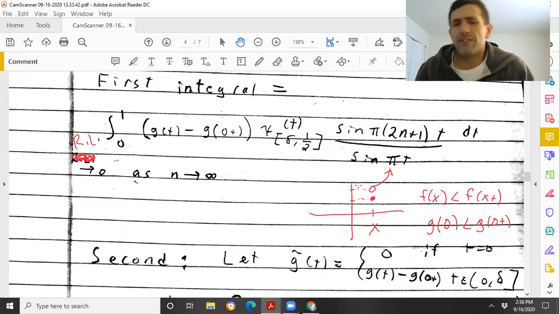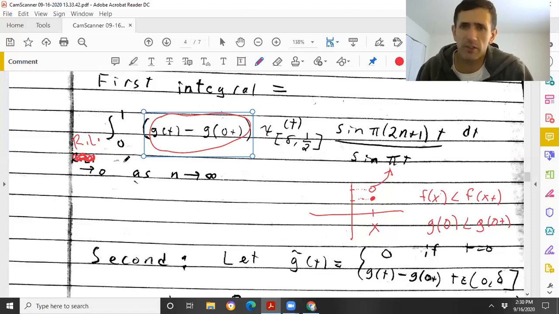But this has an easy fix. What we do is we just modify this function here at the point 0. We're certainly allowed to do that, and we won't change any integrals for Riemann or Lebesgue integral.